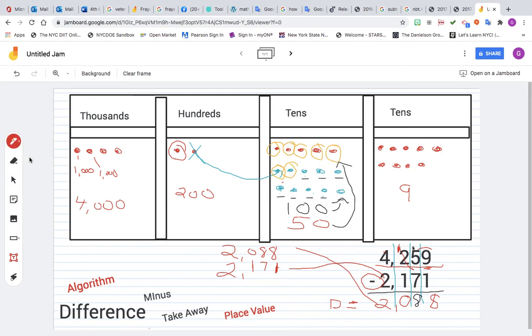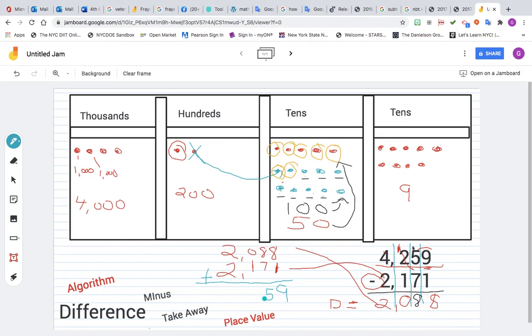All right, let's go ahead. Now we're going to do the opposite of subtraction, since now we're trying to find the sum. Here we go. 8 plus 1 gives us 9. 8 plus 7 gives us 15.